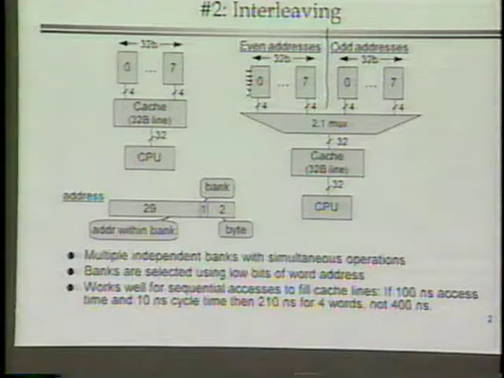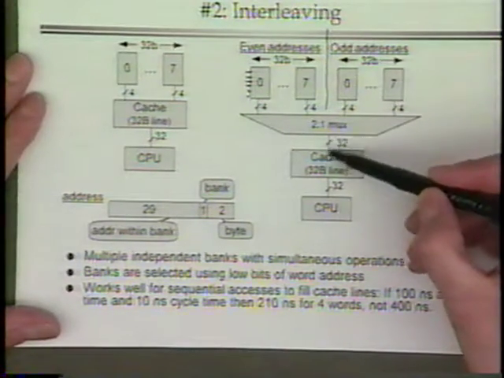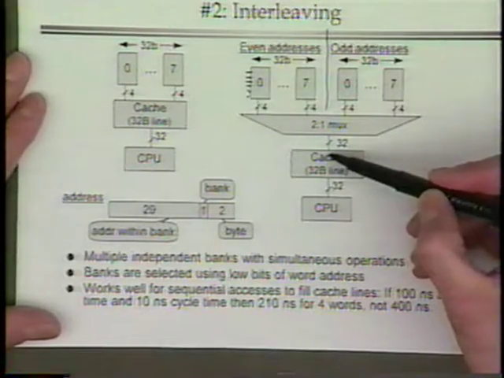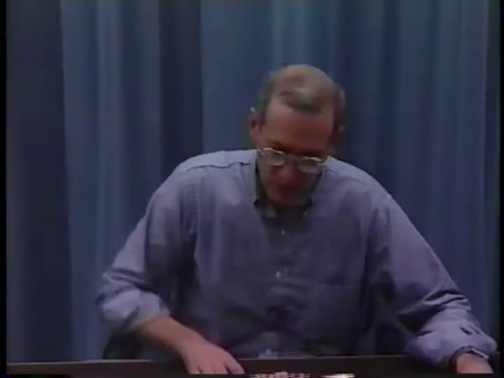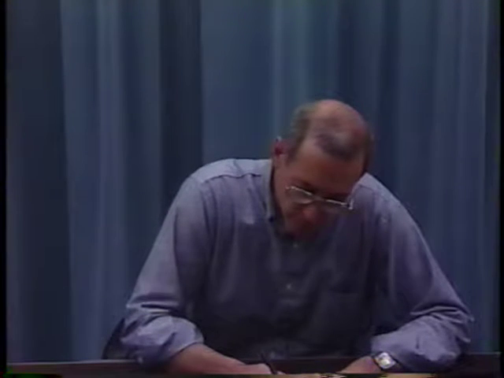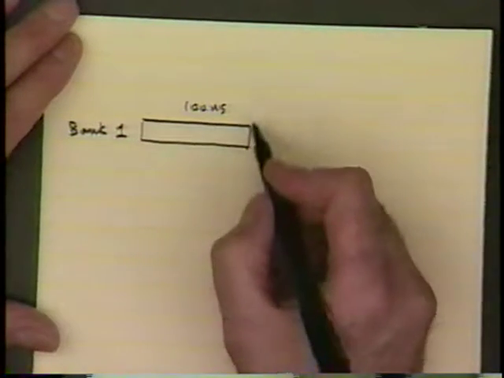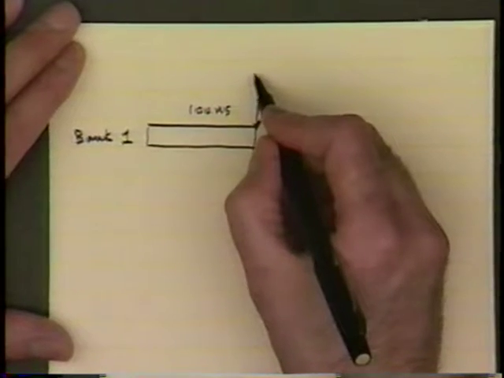Now it's almost double because the cache can't read more than 32 bits at a time in. It's only a 32-bit wide memory. So let's see how to draw this. Let's say that it takes 100 nanoseconds to read from bank 1 in the memory. At the end of this time, you transfer to the cache word 1.